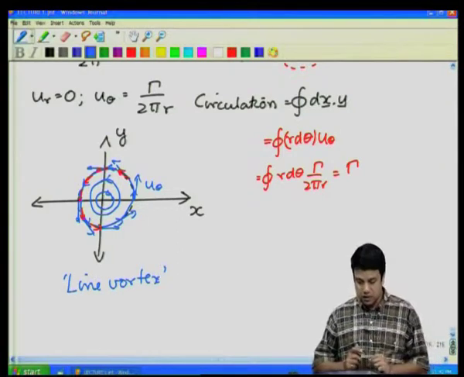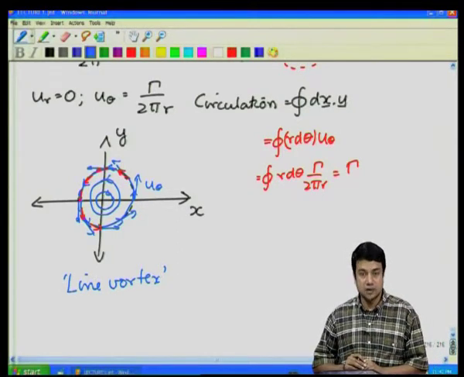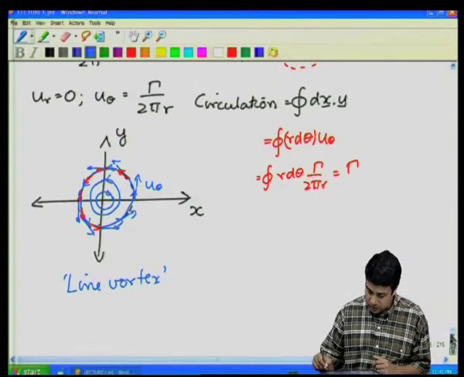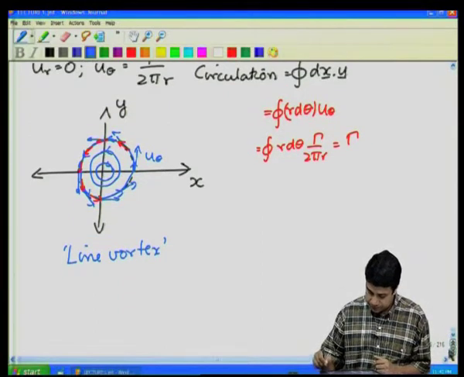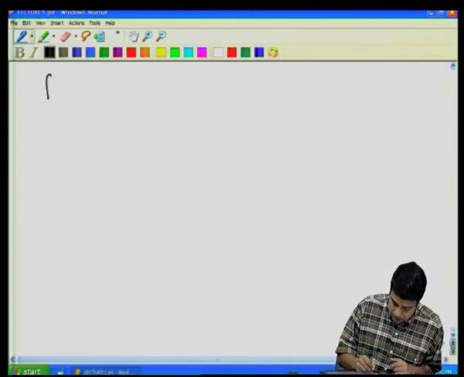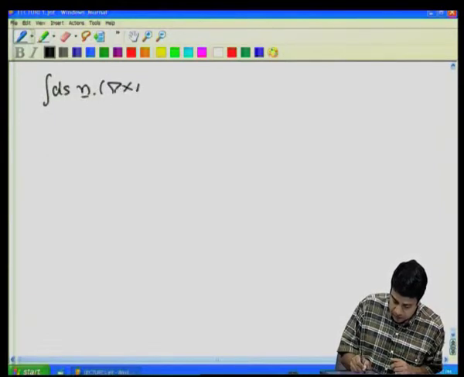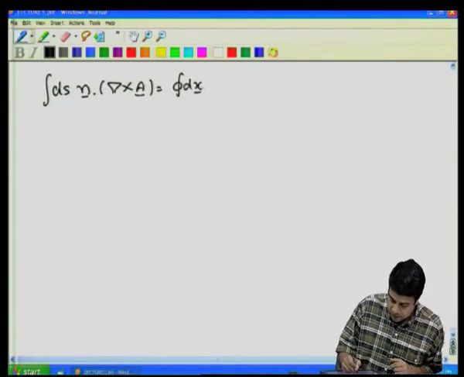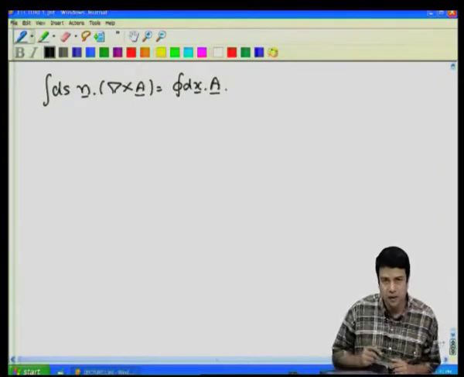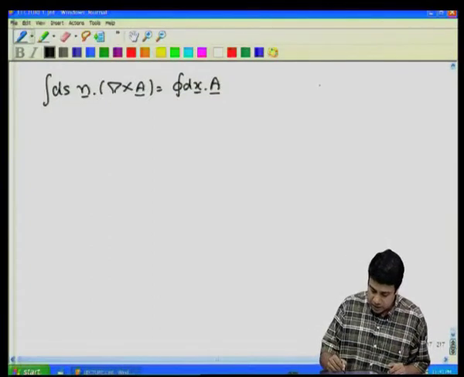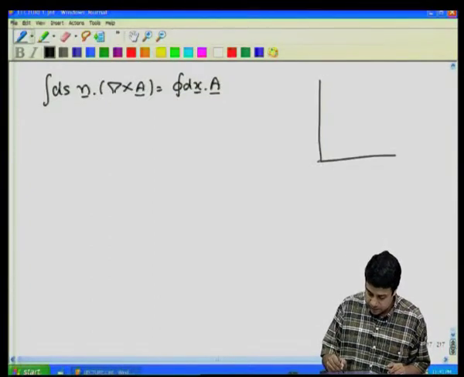Note that we had done the Stokes theorem earlier when we discussed vector theorems. What the Stokes theorem told us was that the integral ds of n dot del cross A is equal to the integral over the contour of dx dot A. The idea was as follows.